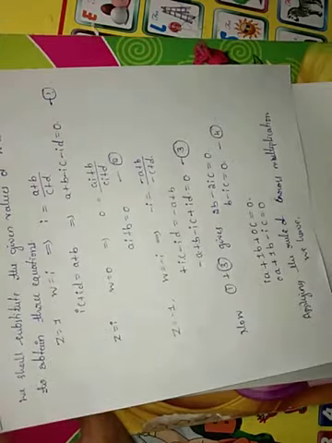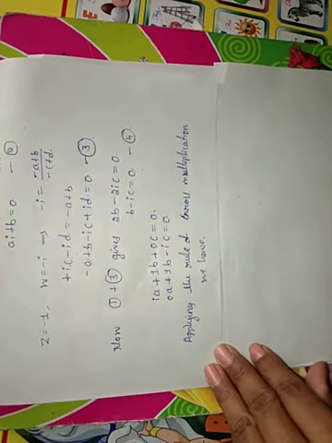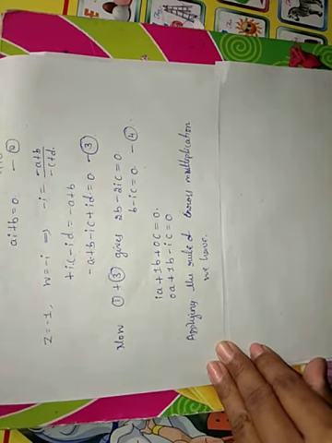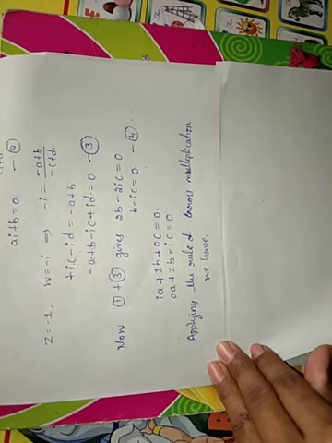First we need information on the procedure of the rule of cross multiplication. Here there are 2 equations with 3 unknowns, or we can say 2 linear equations with 3 unknowns.